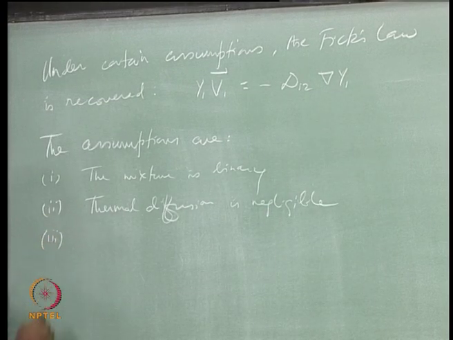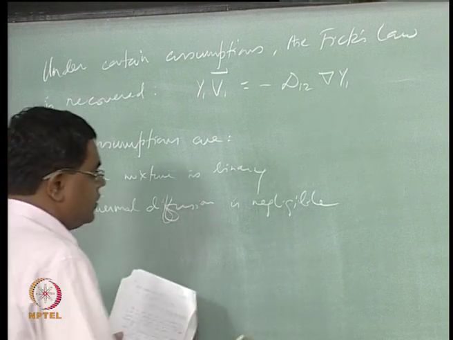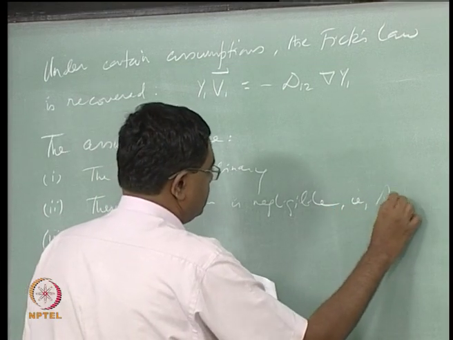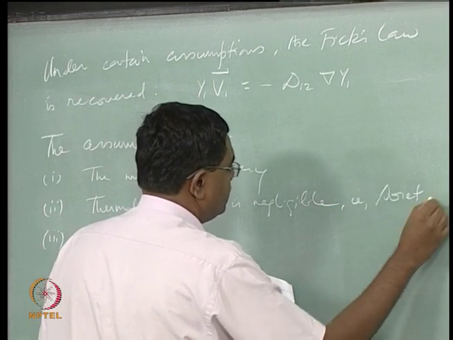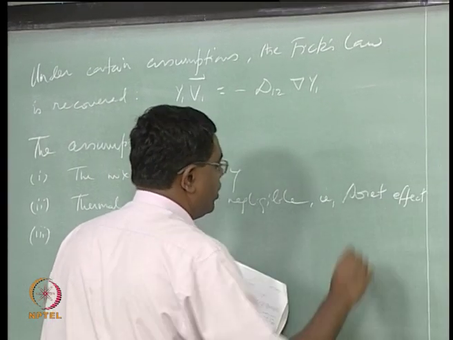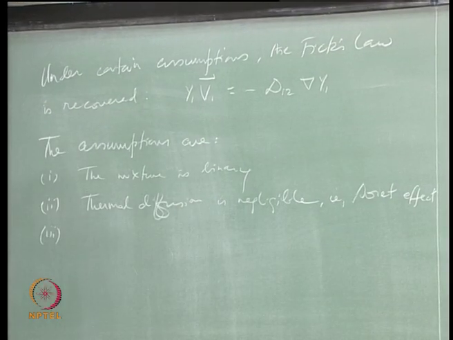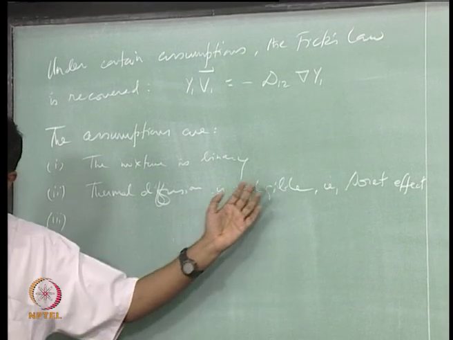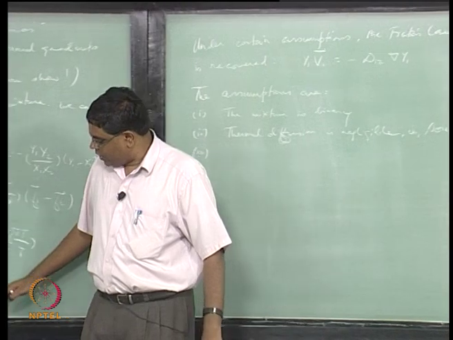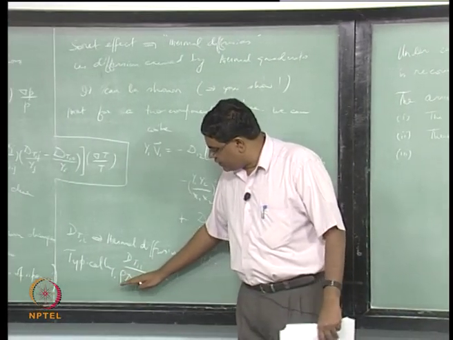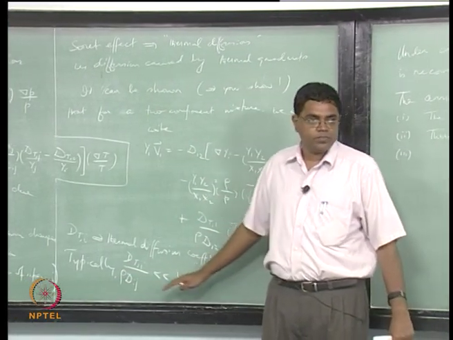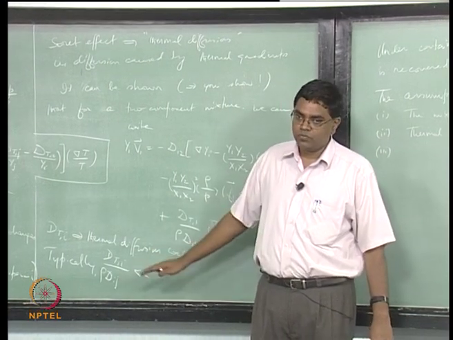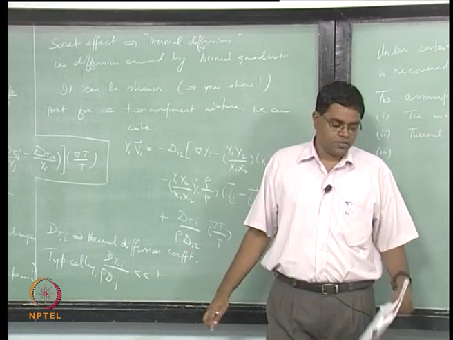That's the Soret effect. In whatever we do in our class, we will always be assuming that the Soret effect is negligible, because D_T,i divided by rho D_ij is much less than 1. We won't worry about it for most of the conditions.